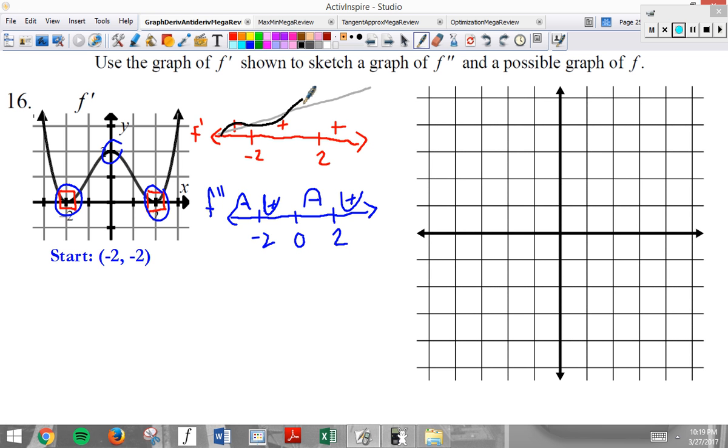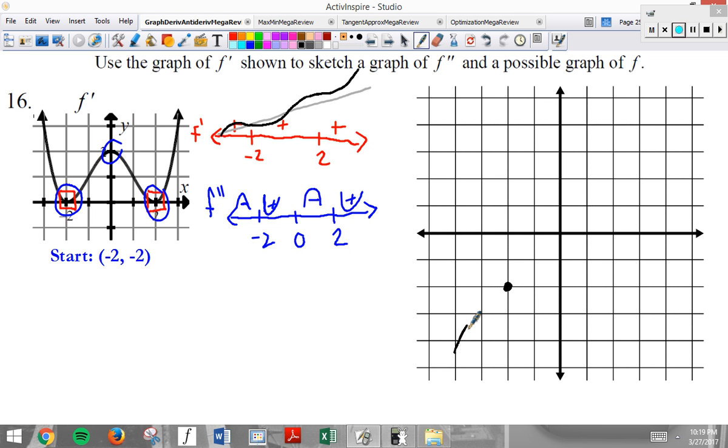Becoming a negative concavity, finally becoming positive concavity again. So this weird thing creeping up like that with a starting point of negative 2, comma, negative 2. So we're just going to try to hit that on our snaking way up.